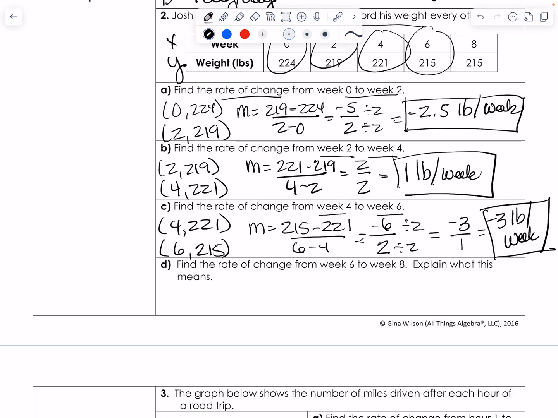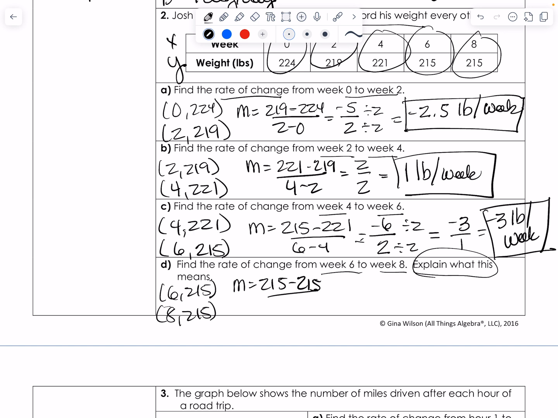Okay, so now let's look at week 6 to week 8. 6 is 6 and 215, and 8 is 8 and 215. It asks us to explain, so we'll do that at the end. So if I have M is equal to 215 minus 215 over 8 minus 6, that gives me a 0 in my numerator. And so my answer is 0 pounds per week.